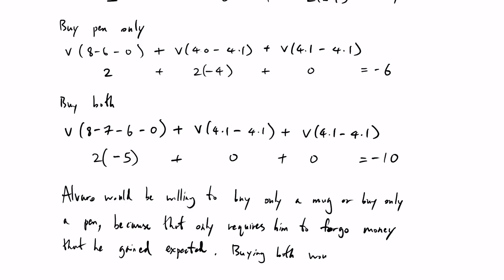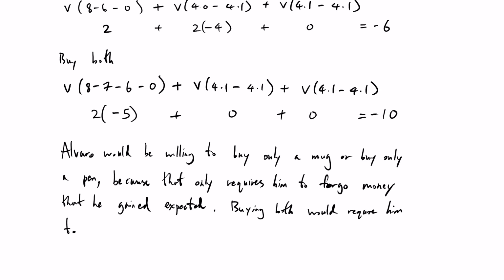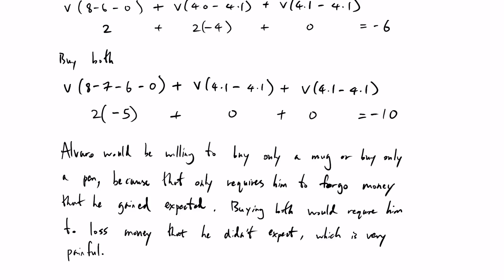Buying both would require him to lose money that he didn't expect, which is very painful. Right? So that's the idea.